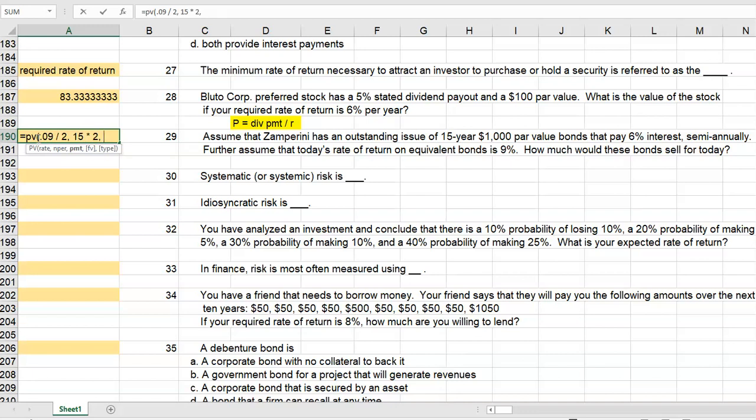Payments. What's the interest payment on this? It pays 0.06 times 1,000, but it pays it semi-annually, so divide it by 2. In this case, it really doesn't matter where you put the divided by if you know the arithmetic.